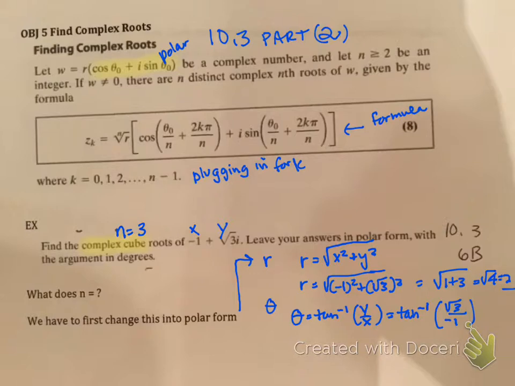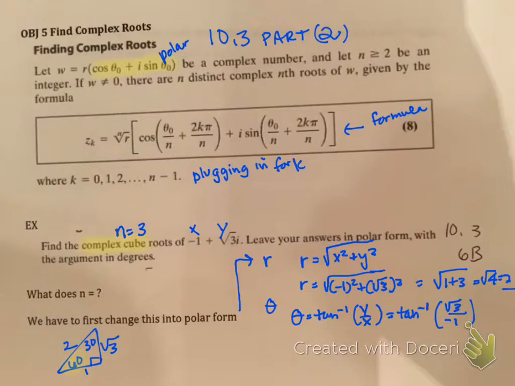Therefore, I can use my 30, 60, 90 triangles, which I'll place over here. 1, 2, radical 3. So radical 3 over 1 corresponds to a 60-degree angle. But remember, we have a negative value. So the negative value for theta, we can plug it in, but then we're going to have to take care of it. So let's plug it in and see what happens.